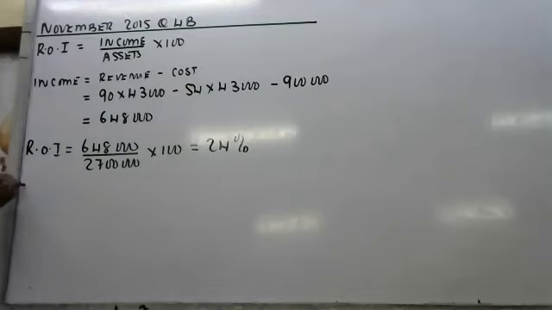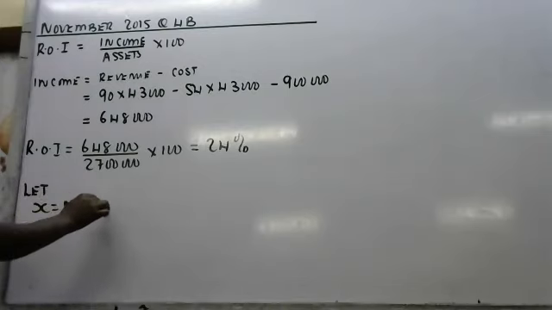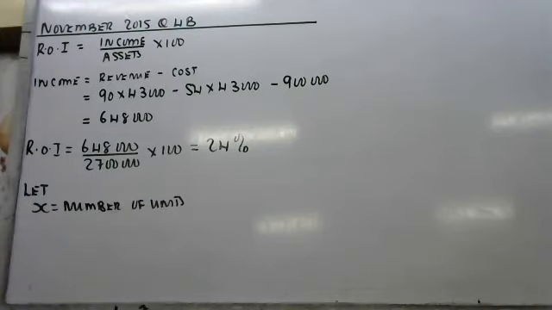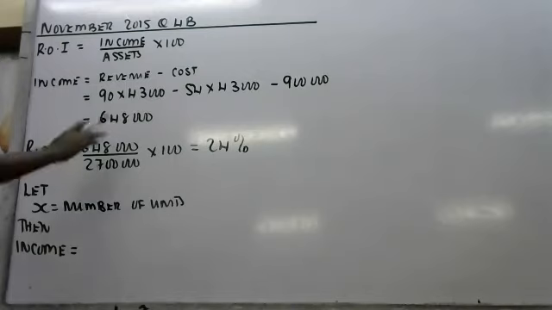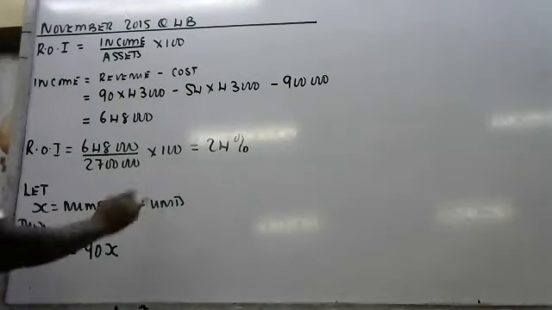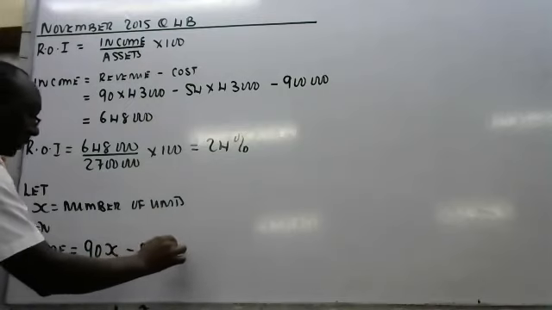So let X be the number of units. If we let X be the number of units, then income. Actually, even that is good, it has helped us because now we start from the known to the unknown. Now here I will say 90x, because that's 43, right? Then here I say minus 54x.